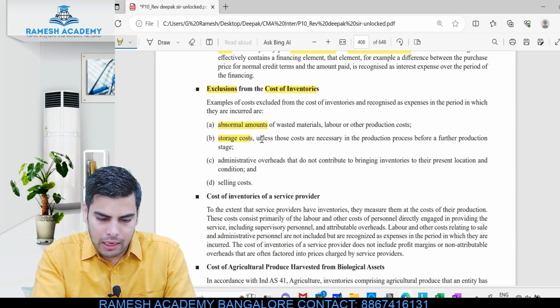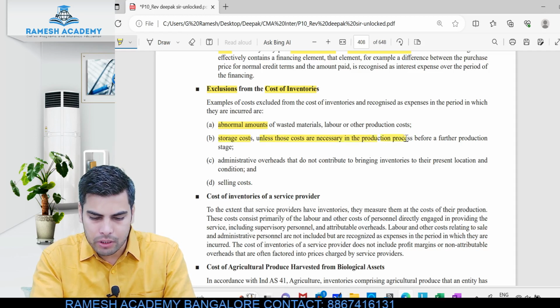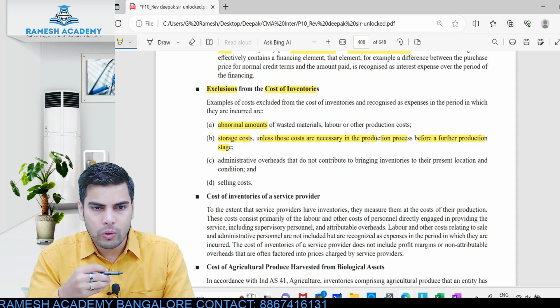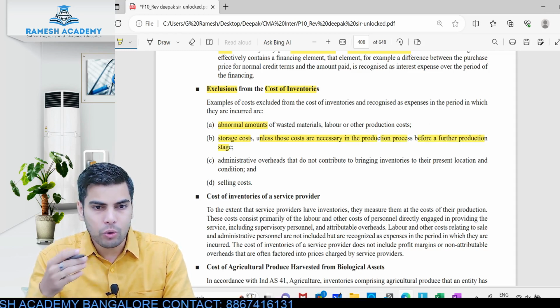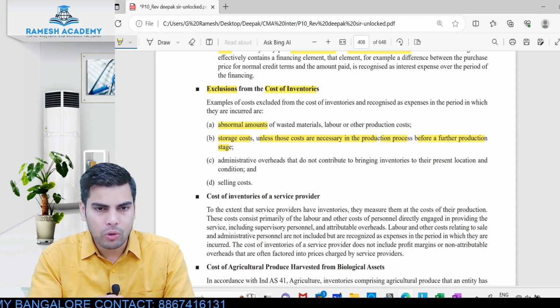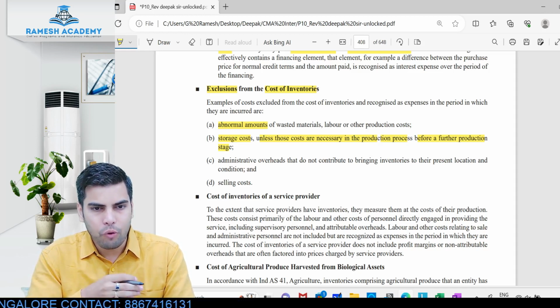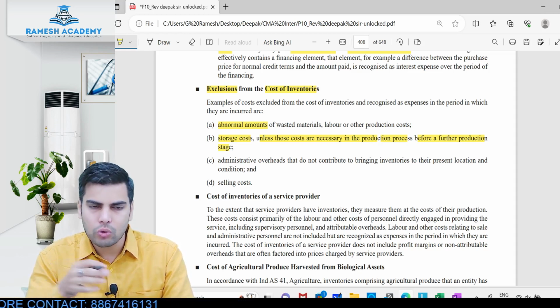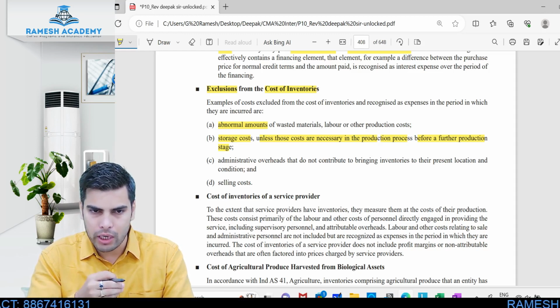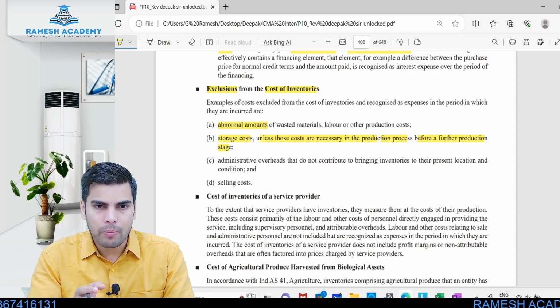Storage cost, unless those costs are necessary in the production process before a further production stage. So any storage costs which you are incurring after the goods have already reached the finished goods stage should be excluded. Before the goods have been converted into finished goods, if you are storing them, the amount you spend towards the storage would form part of your cost.